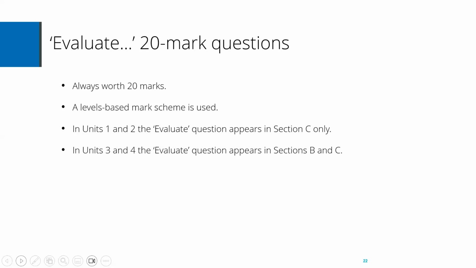Before I would even put pen to paper on a 20-mark question, I would have thought it through. And if you've saved all of those minutes in your war chest, in your time bank from the points-based questions, you have got that time to think it through, okay?